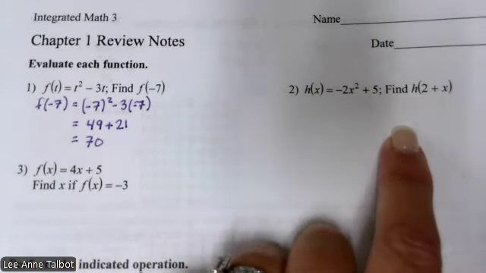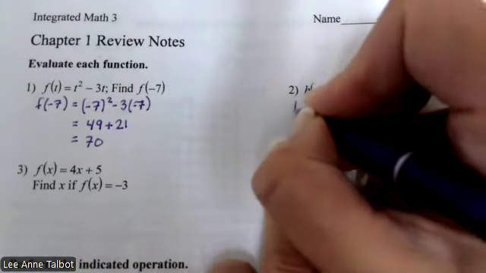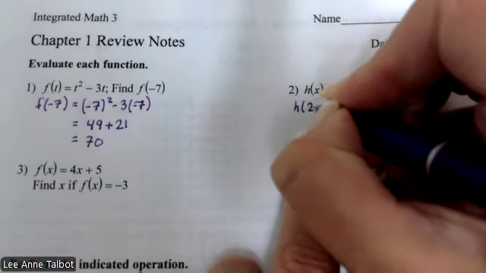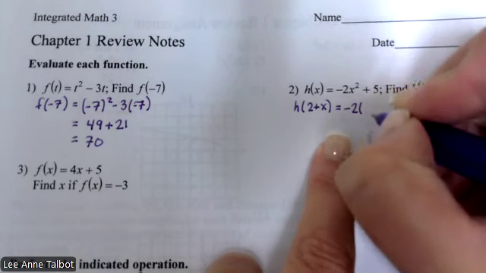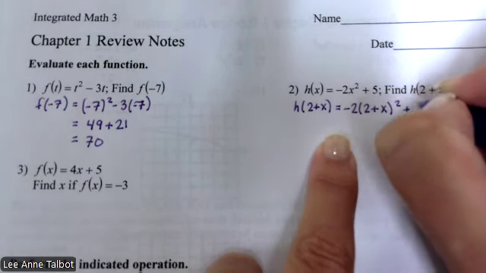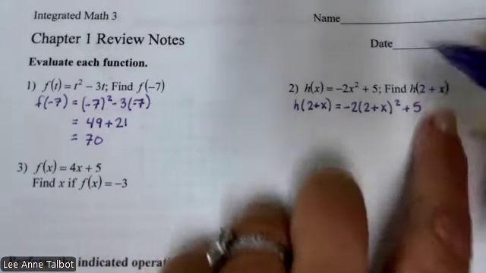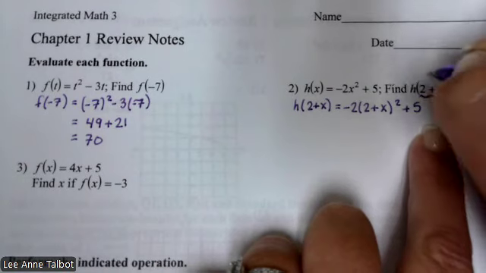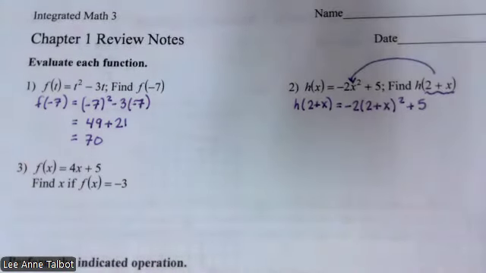Number two is also a forward function machine, but it's really spicy. Okay, so the first thing you do is you take the 2 plus x and you plug it in for x.